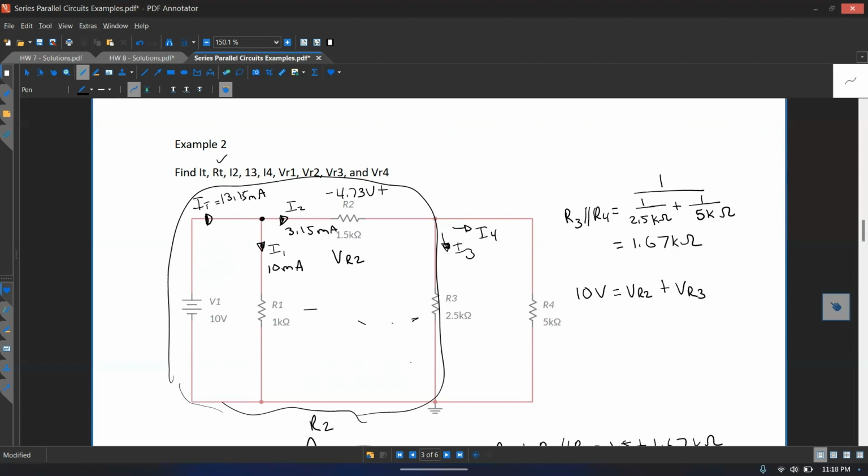And so that 10 volts equals, we already found the VR2, which is 4.73 volts, plus VR3.